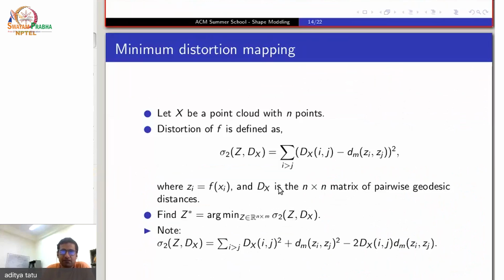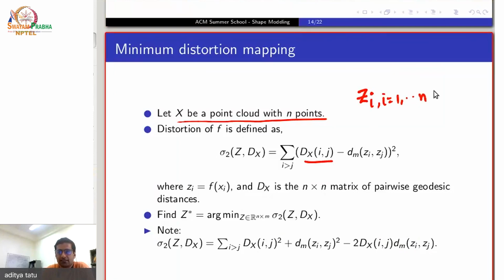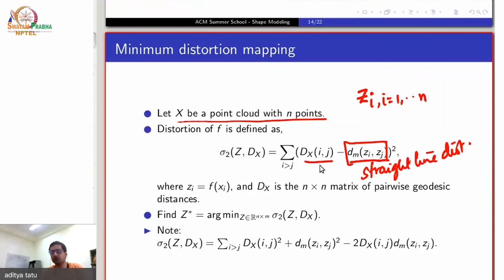Idea is again simple. So let's say X be a point cloud and you are given pairwise geodesic distances in this matrix Dx. Okay, you want to find points Zi's, i going from 1 to n, such that what should happen? The straight line distance between Zi and Zj must be as close as possible to the distance between the ith and jth vertex given to you.